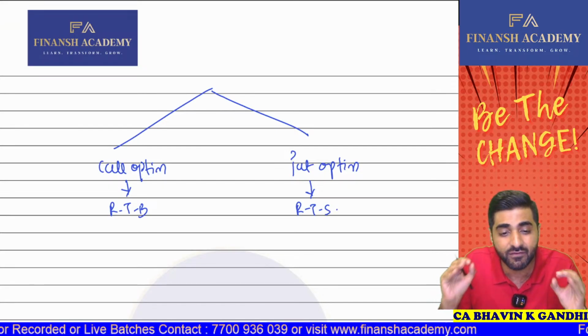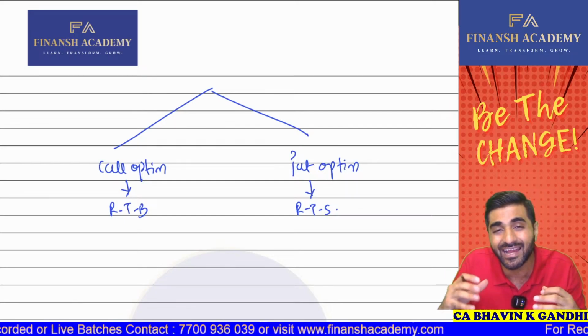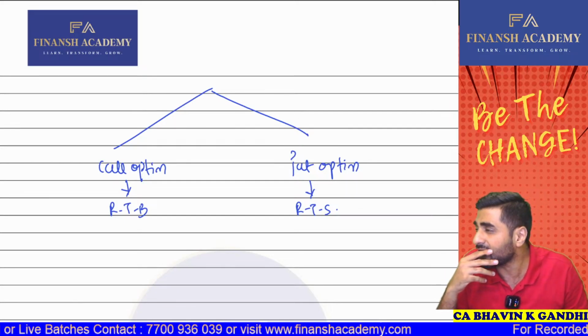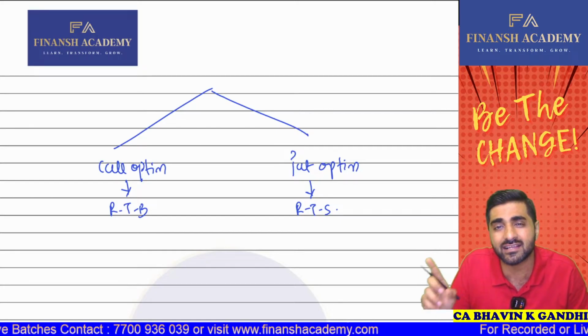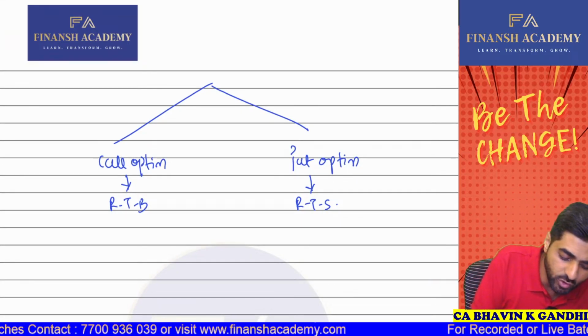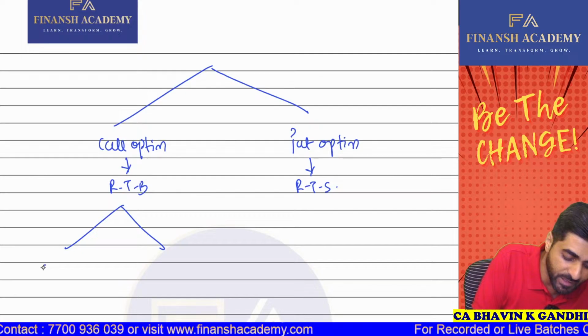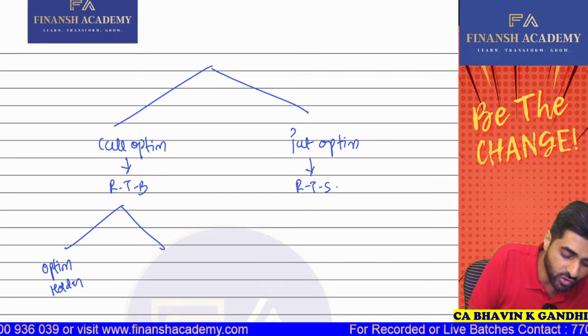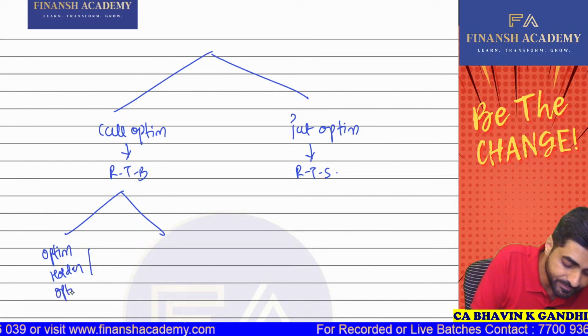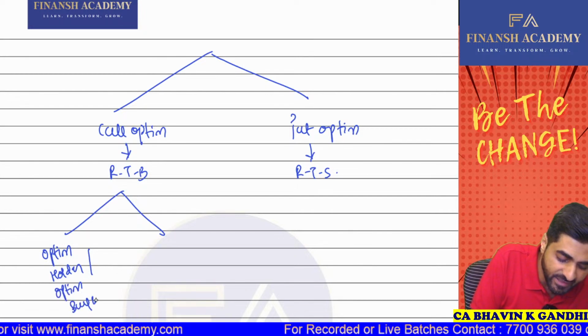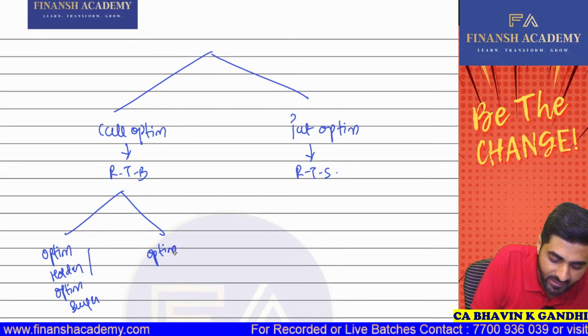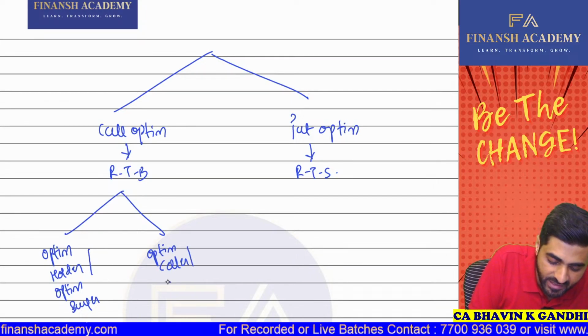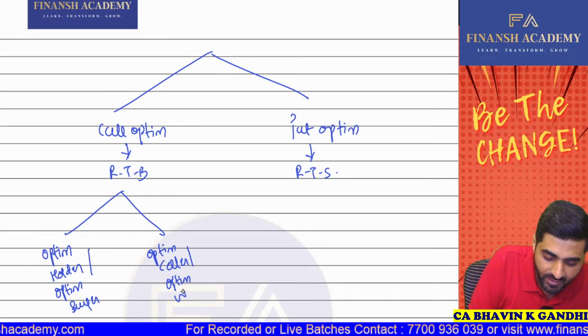Whenever I'm dealing with a call option, it gives me a right to buy, whether I want to buy this particular asset or not. There are two parties to it: an option holder, who is also called an option buyer, and an option seller, who is known as an option writer.